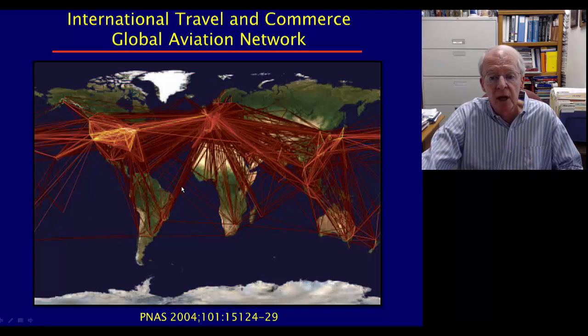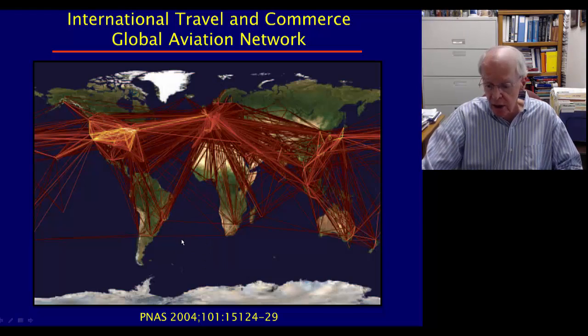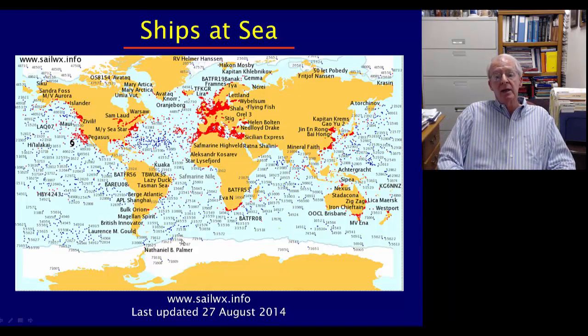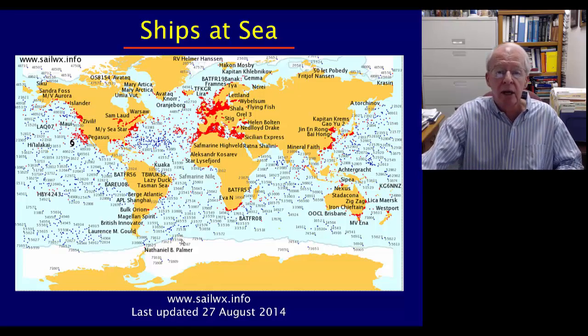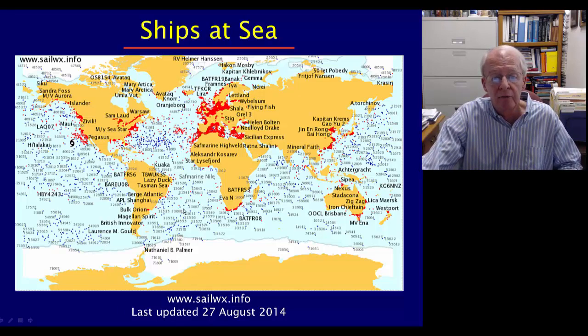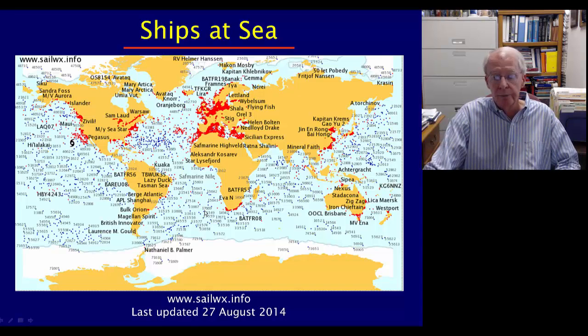You may have seen that slide before, but take a look here at a companion slide, and this is showing a snapshot at a moment in time of commercial ship traffic, the location of ships around the world. These ships are, of course, carrying people. They're carrying, in some cases, animals, and they're carrying commodities, including food products and other commodities all over the world.